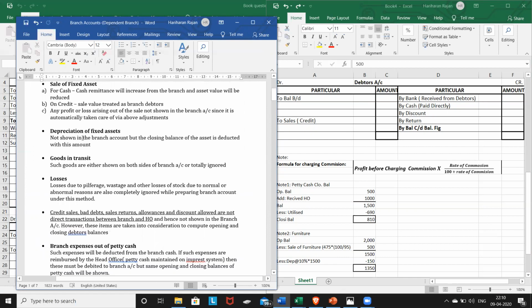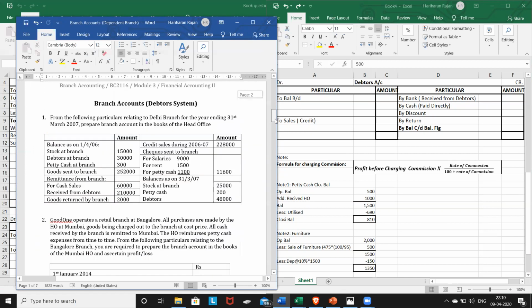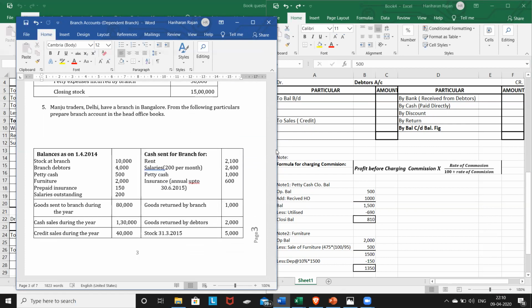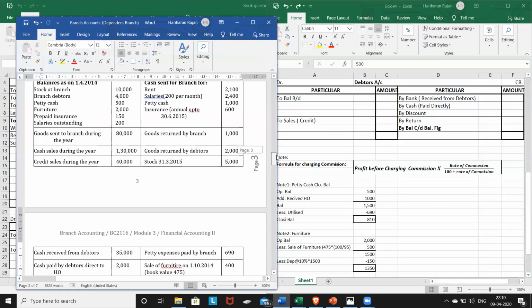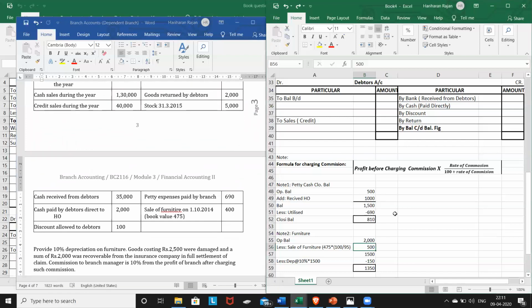Not shown in the branch account. Depreciation is not shown in the branch account, but closing balance of the asset is deducted with this amount. So to identify the closing balance of the furniture, I have to deduct the depreciation. That's what the question means here. So that is done.